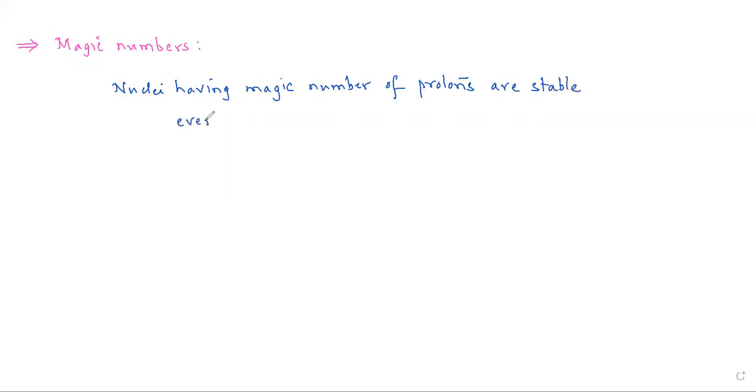Even a magic number of neutrons is also stable.